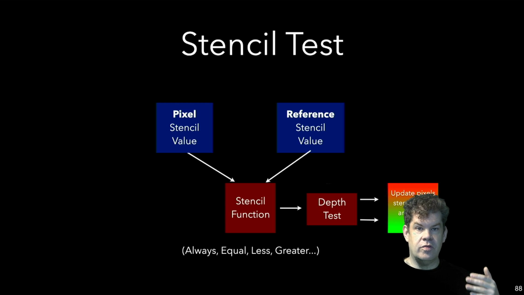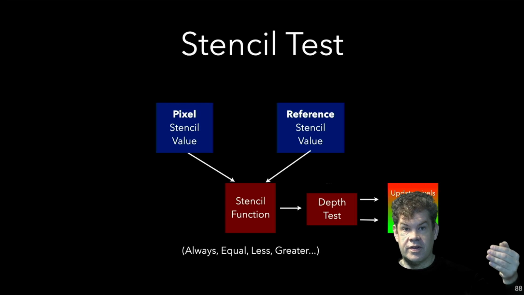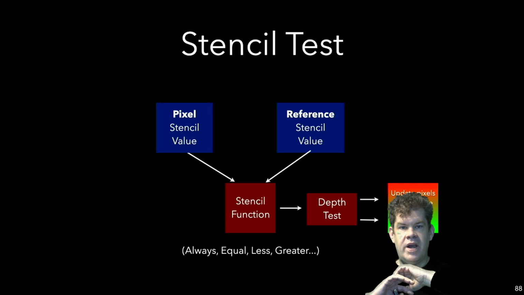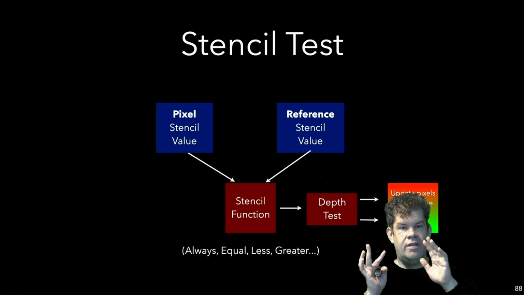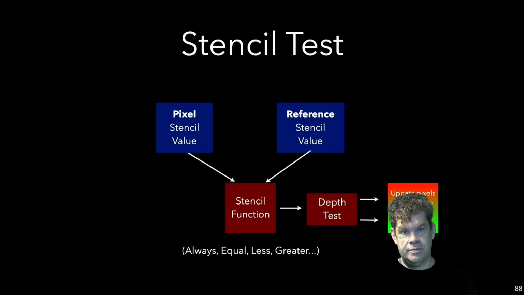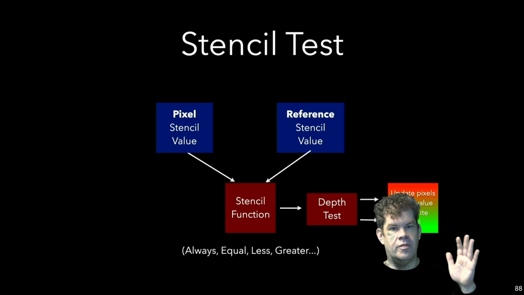Before you even start to render, you set some of the pixel values to certain stencil values. Then you start to render, and no matter what your fragments do, no matter what your computation does, none of that influences whether the fragment is ultimately visible or not. That's the key point.